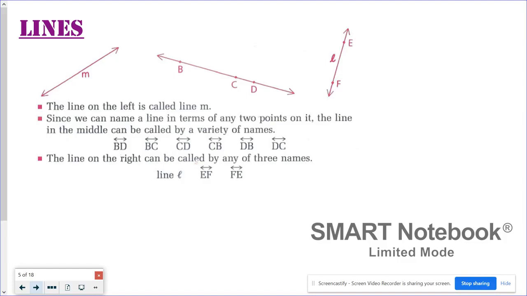And so I can use any 2 of those points to name this line, which is why they came up with 6 possibilities for this line. But notice they're only using 2 points. And also notice that the little line symbol is directly above those 2 points. Because without that little line symbol, I wouldn't know that you're talking about a line.